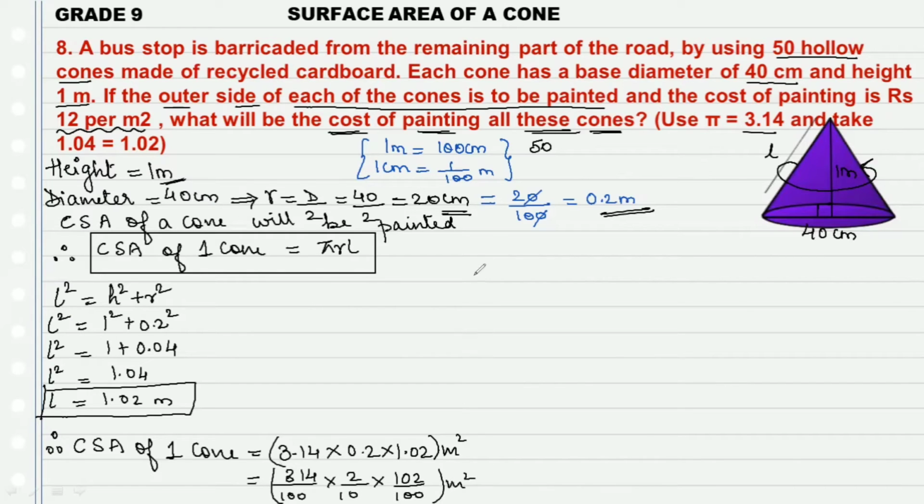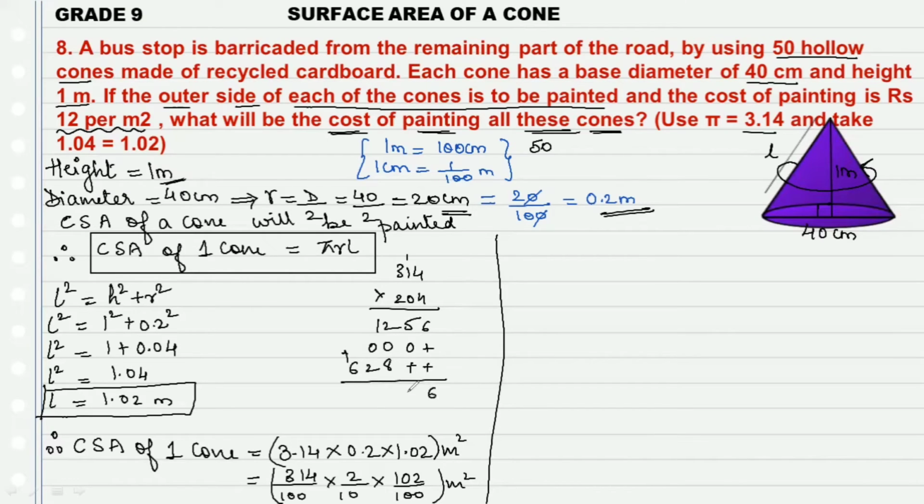Now calculating this further, 314 is multiplied by 2 into 102.